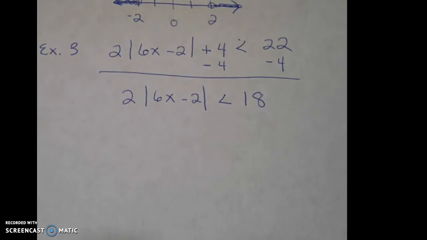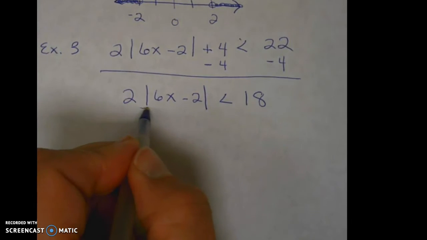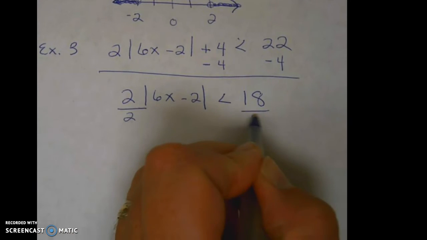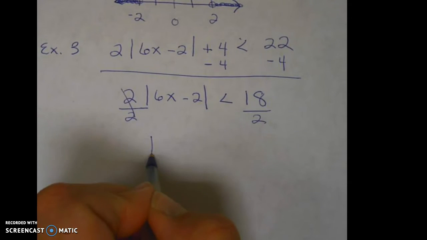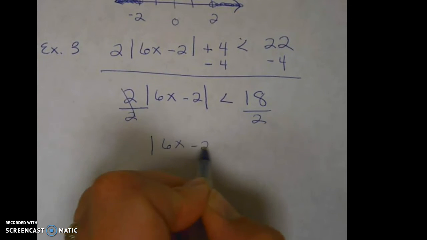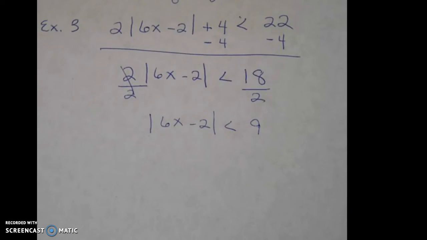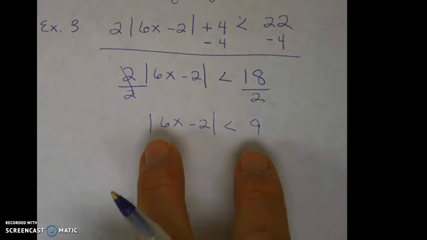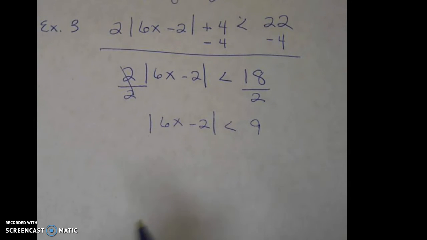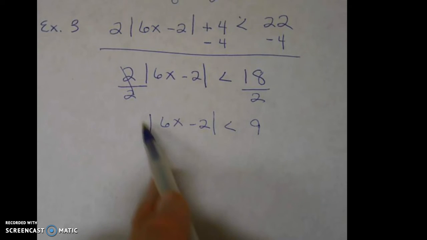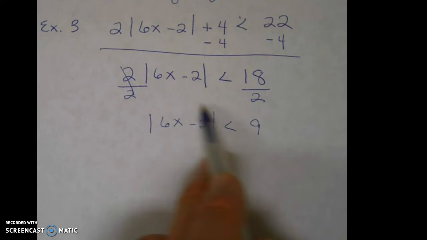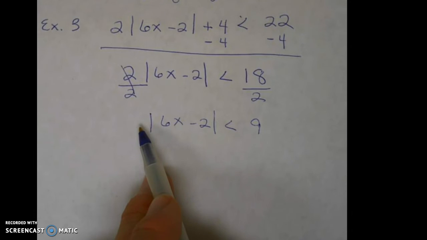Okay, then undoing multiplication. And now we're ready to break this into two inequalities. Just like when we're solving equations, once we get the absolute value by itself, then we can break it into two inequalities.